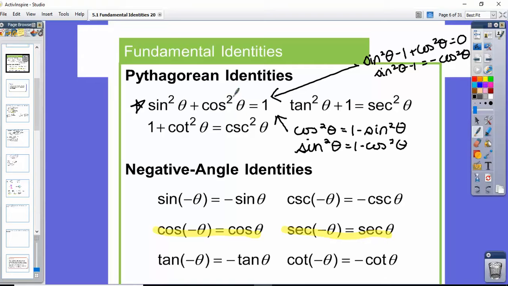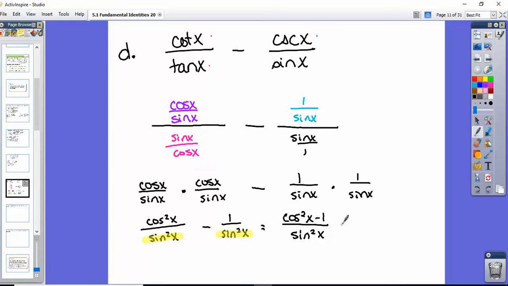If we took this, brought the 1 over, like we did here, but then subtracted over the sine, that would give us cosine squared theta minus 1. So this is equal to a negative sine squared. So negative sine squared x over sine squared x is just negative 1 for the final answer.